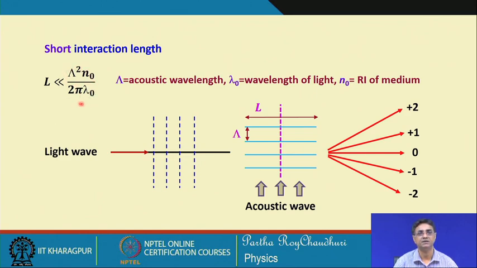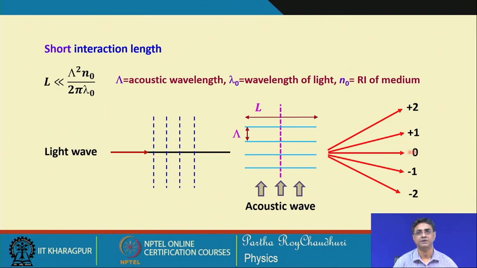In terms of this quantity, we will also check this expression at other occasions also, that if the width of the acoustic wave is much less than this quantity, then it forms a thin phase grating with respect to the light wave that is propagating through it, and we will have multiple orders of diffraction.